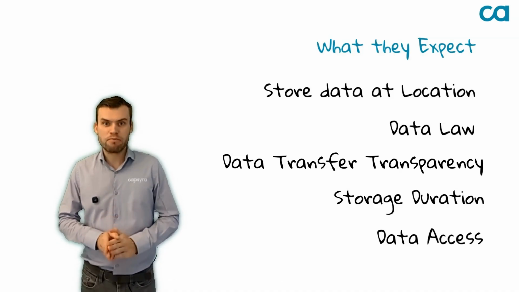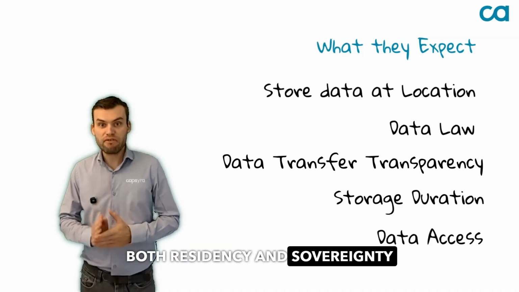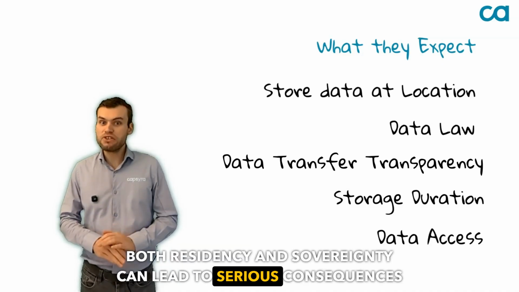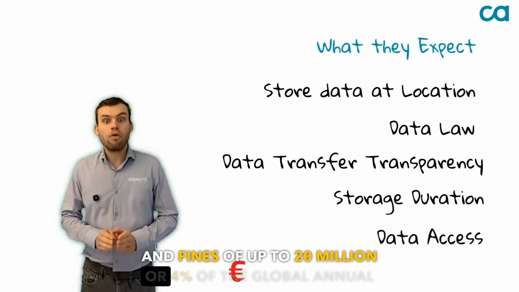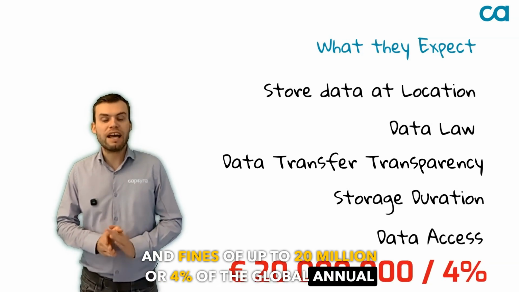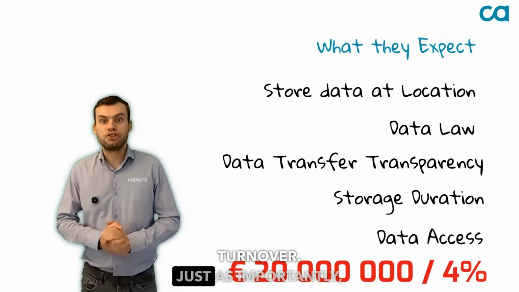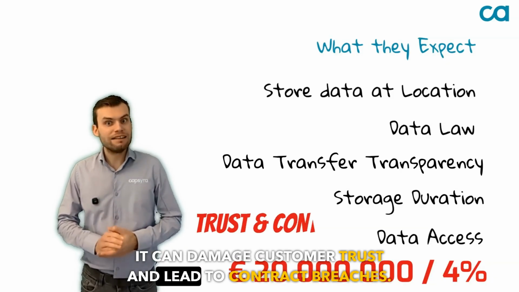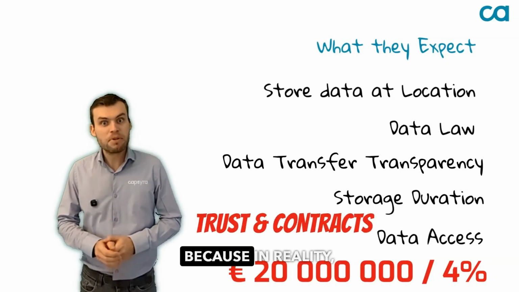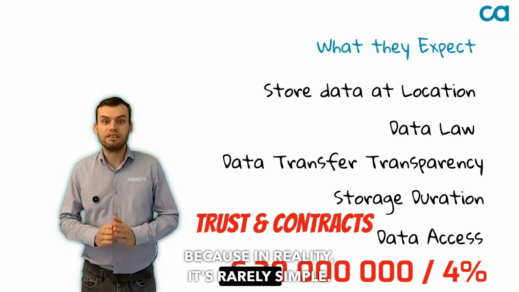Failing to manage both residency and sovereignty can lead to serious consequences and fines of up to 20 million or 4% of the global annual turnover. Just as importantly, it can damage customer trust and lead to contract breaches, because in reality, it's rarely simple.